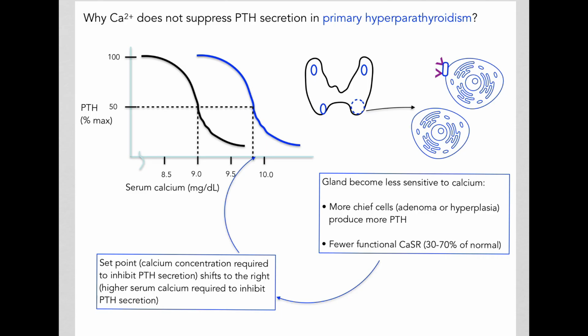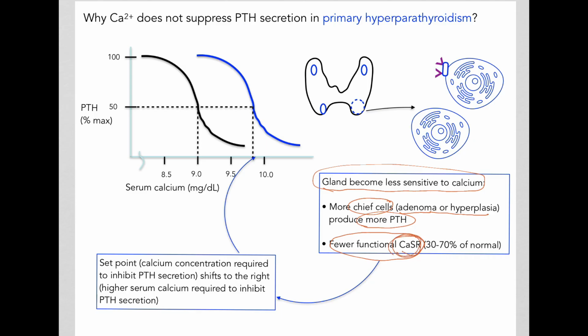One of the suggestions is that the parathyroid gland becomes less sensitive to calcium levels. So the adenoma or the hyperplasia will increase the number of chief cells in the gland that will produce more PTH. But these glands have fewer functional calcium sensing receptors.